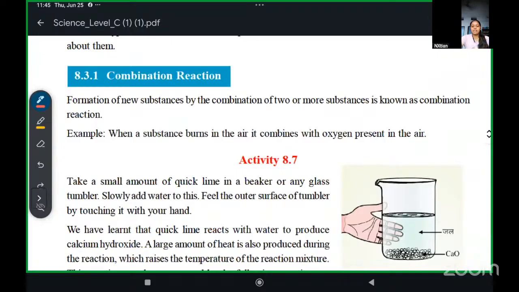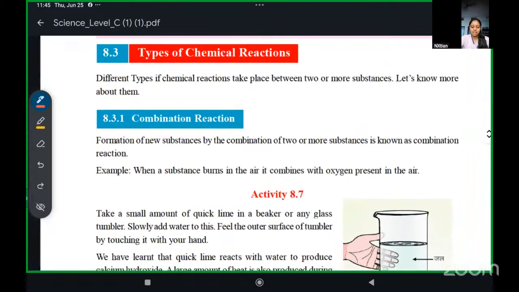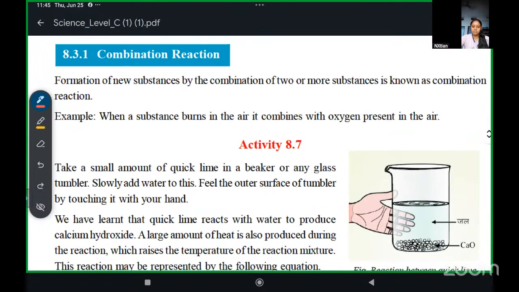The first type of reaction that we will study is a combination reaction. You can identify this from the name, combination. In a combination reaction, a new substance is formed through the combination of two or more substances.